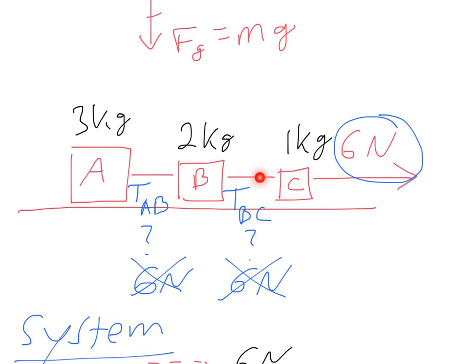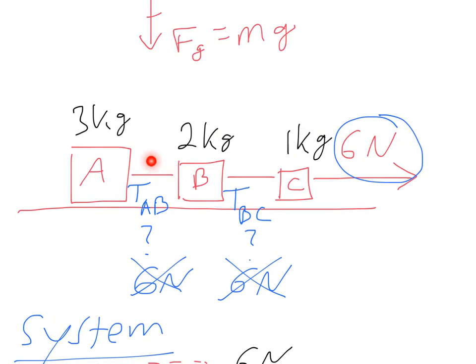That 5 newtons will accelerate this system of AB, which is 5 kilograms, with 1 meter per second squared. 5 newtons pulling on B, 3 newtons pulling back, gives a net force of 2 newtons on 2 kilograms, which is 1 meter per second squared of acceleration.